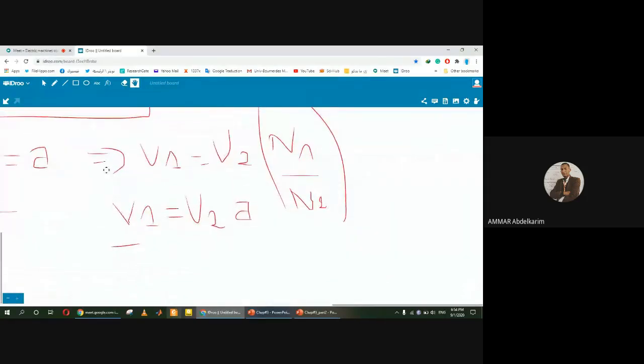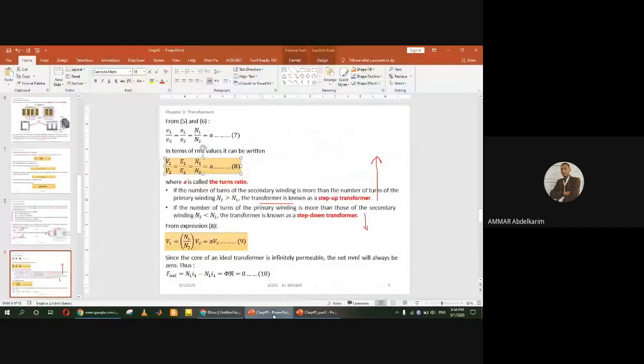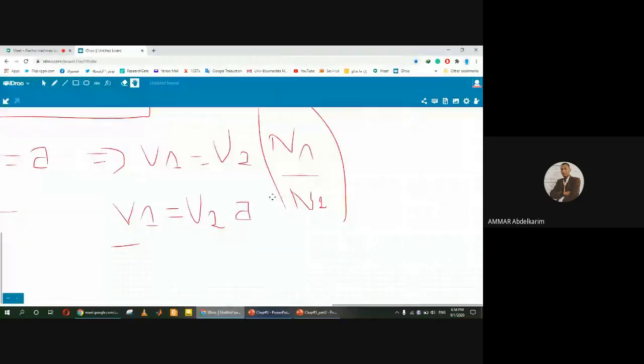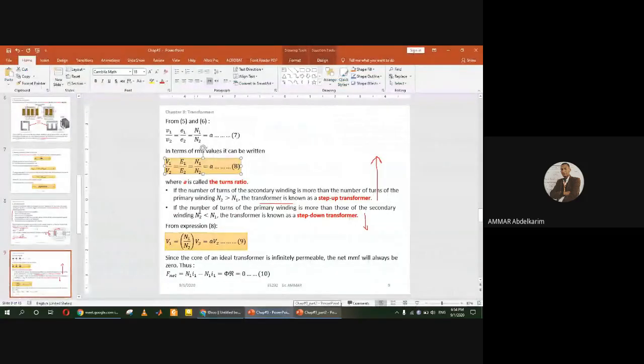So if N1 is bigger than N2, which means that this transformer is a step down transformer. As we have seen here, if the number of turns of the primary is more.